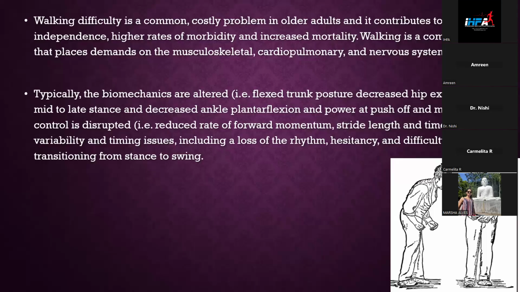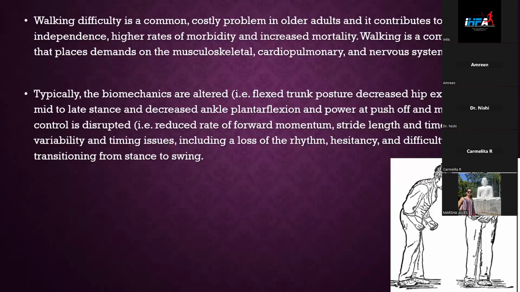Okay, ma'am. So walking is a complex task where we need the demand of the musculoskeletal system, cardiopulmonary system, and nervous system. Typically, the biomechanics are altered. This is an example I'm giving for a festinating gait. Every gait has a deviation in the posture, and that is what we have to assess. So there are biomechanical changes. As you can see in the picture, the flexed trunk posture is there, which decreases the hip extension.